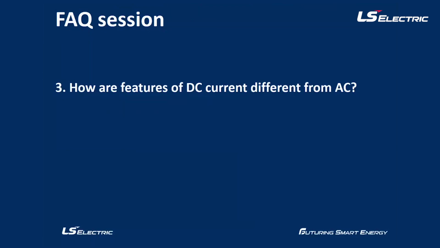Therefore, the level of breaking capacity totally depends on the time constant, which is defined as the time to reach 63.2% of the current. So if the time constant is high, more breaking capacity is needed. But if this value is low, the breaking capacity needed is a little less. So I think that's a very short explanation of the basic understanding of direct current.